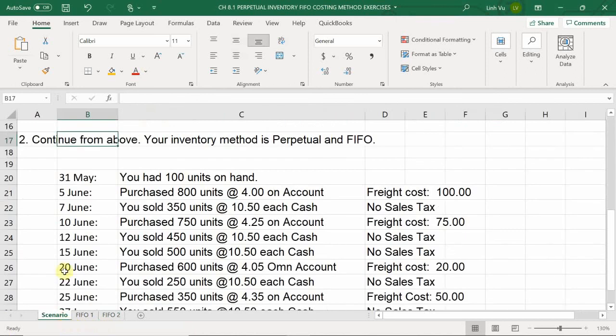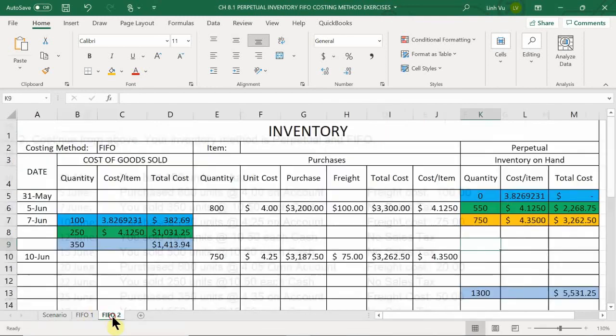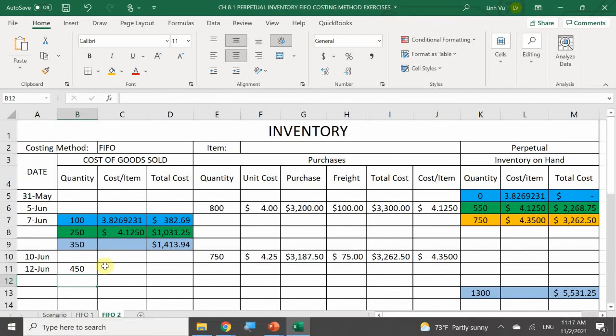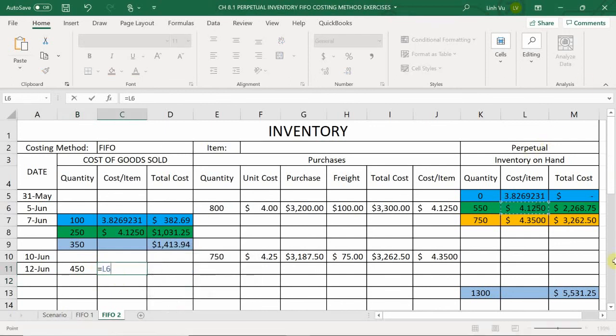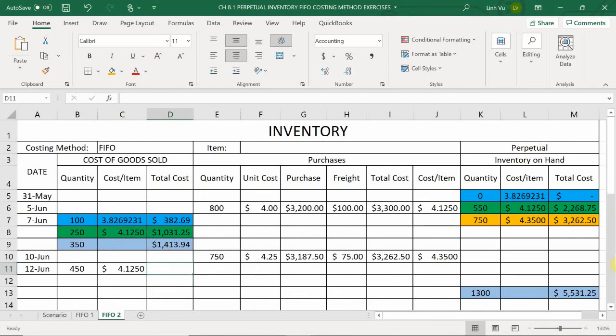So let's see what happened next. Then on June 12th, we end up selling 450 units. Okay, so it is June 12th and we sold 450 units. Now let's take a look at my batches of inventory. Which batch am I going to take out from next? The green. Yeah, the green for $4.125.